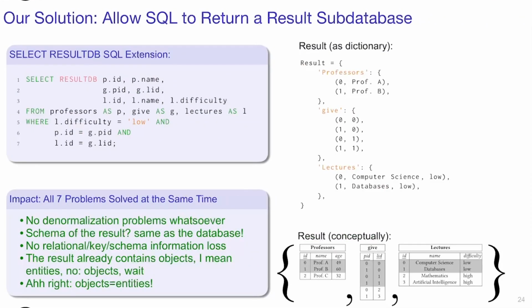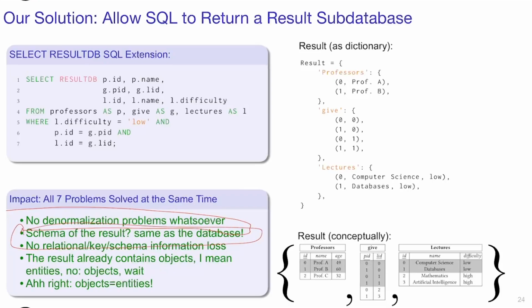And the interesting thing is if you do that, you solve all of these problems at the same time. So you don't have denormalization. Why? Because I don't combine tuples from one relation with the other. I do not introduce any redundancy. I keep the tuples as they are. I just return the tuples that take part. If I have a question about the schema, well, I don't touch the schema.